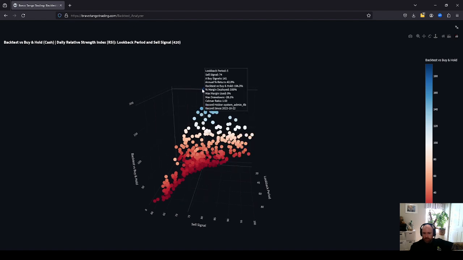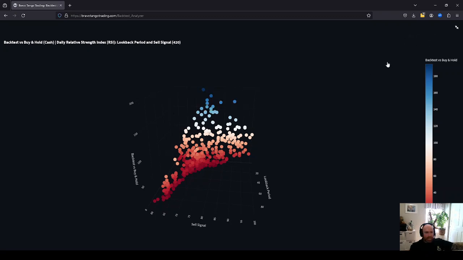For Google specifically, if we go back to the best performing one, the sell signal was a fairly modest 74. When people talk about the RSI, they use 70 or 80 as the overbought value. This just confirms that pretty generic number: use 70 or 80, it works pretty well. The best performing test that we've got here had a sell signal of only 74.